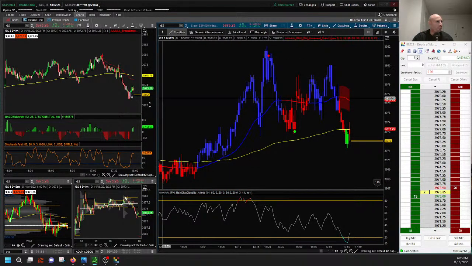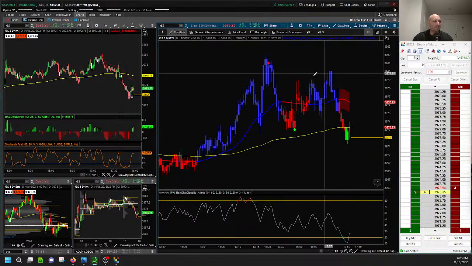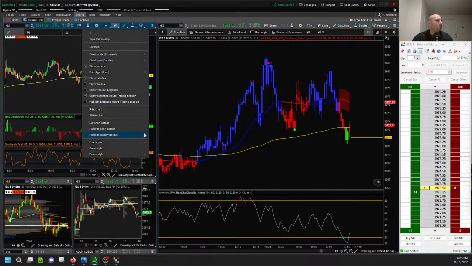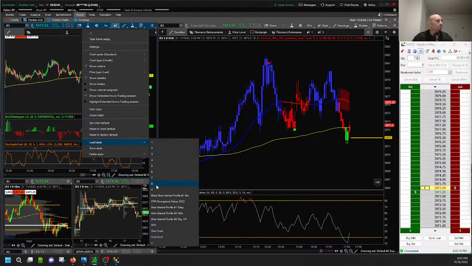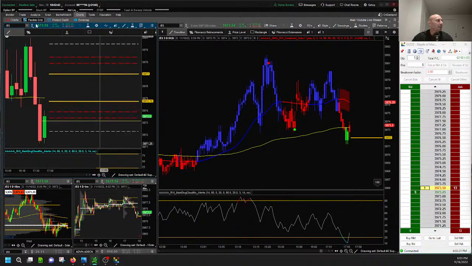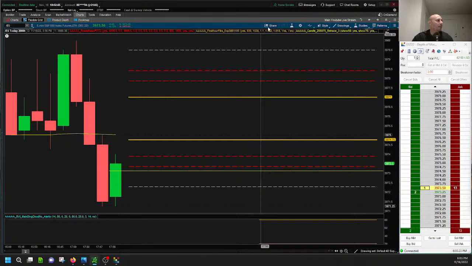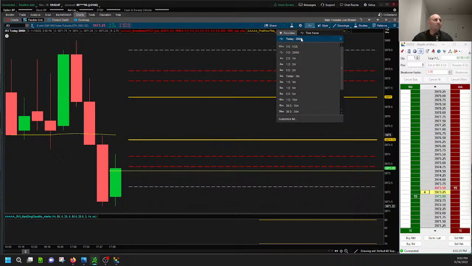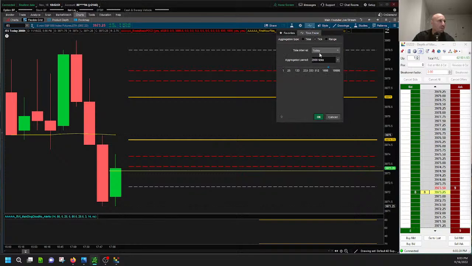And anybody that's new watching, we are using a 512 tick chart. Yeah, I think so. 512 tick chart's one of the best charts. If you want, another variation of it is a 2000 tick chart, right?